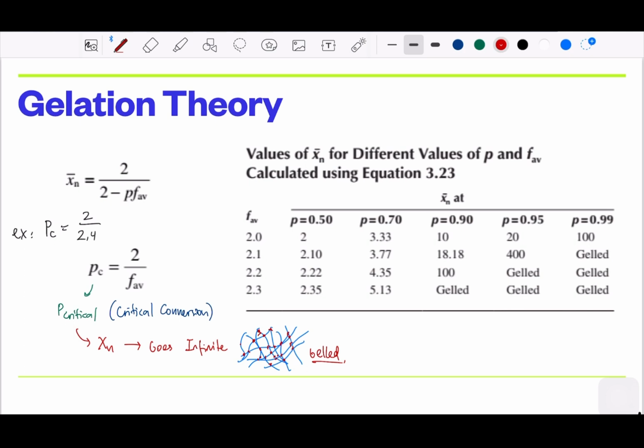But when we have the P at nearly 0.9, with 2.3 F average, it's getting gel, so it's getting completely polymerized. And when we have 0.95 at F average 2.2, it is also gel. But when we have 0.99 and the 2.1 F average, it's gel. So we need to make this connection between the P and F average.